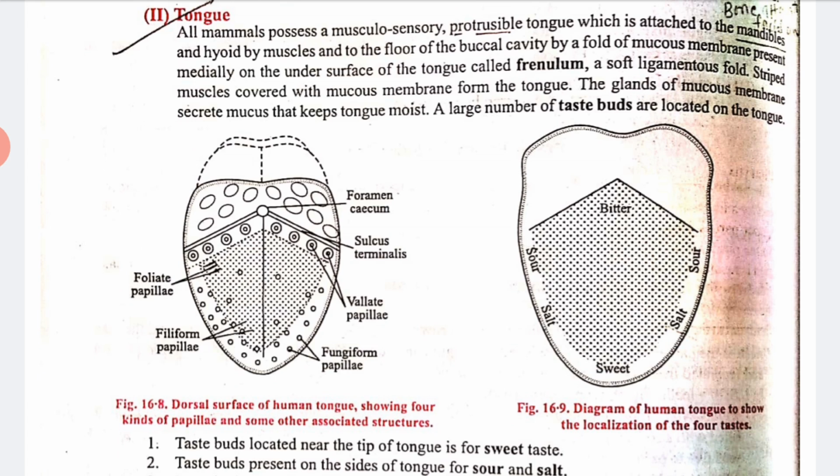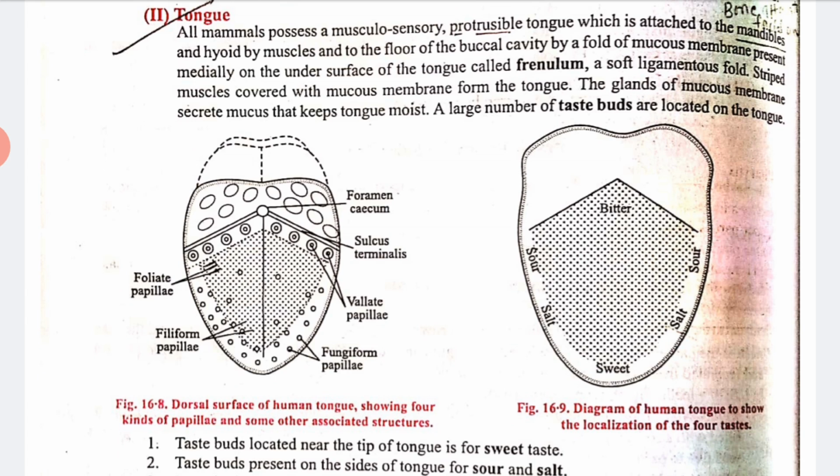According to this, the sweet taste buds are located near the tip, the sour and the salt are located at the sides, and the taste buds on the posterior part of the tongue are known as the bitter taste.